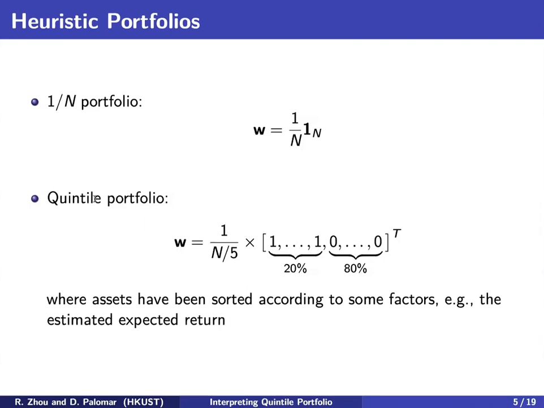Then the quintile portfolio will equally long the top 20% assets. Although these heuristic portfolios look very simple and naive, they actually work very well.